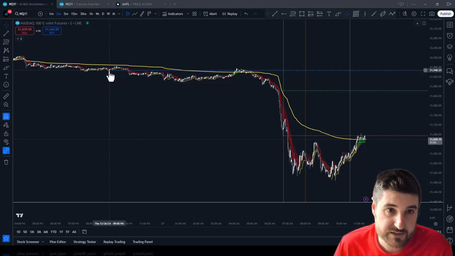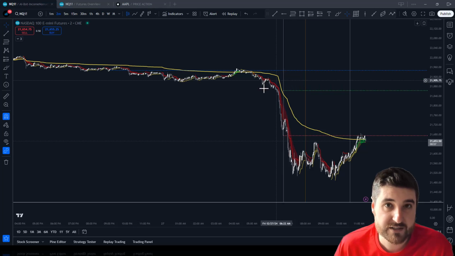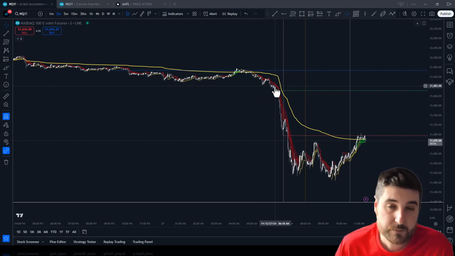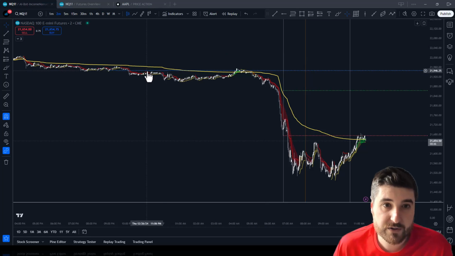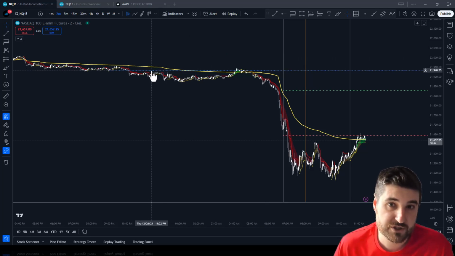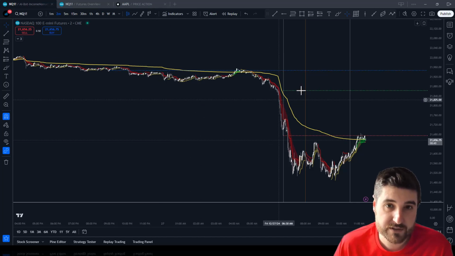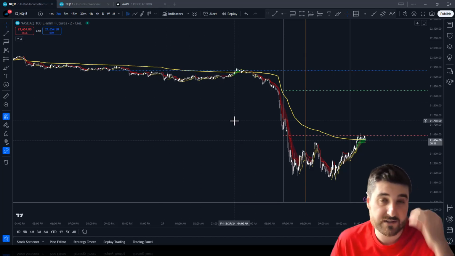Where is price? And you use this as a gauge. If we're below this by the time we get to the New York Open, chances are we're going to sell off. If we're above it at New York Open, chances are we go higher, right? Now, we don't use that as just that. That is our guide, right? We use this in confluence with everything else this indicator offers.